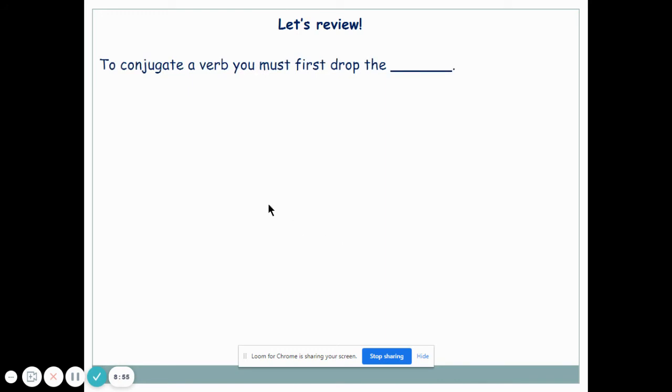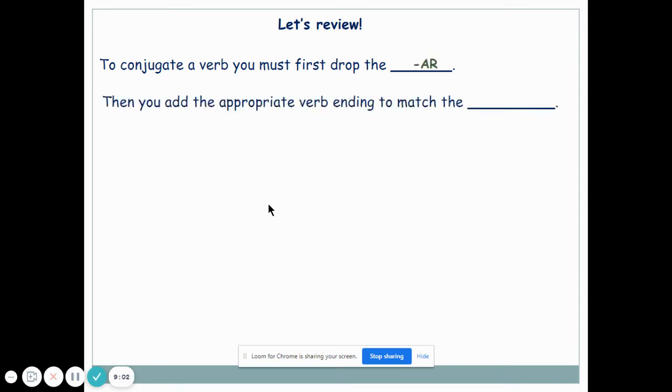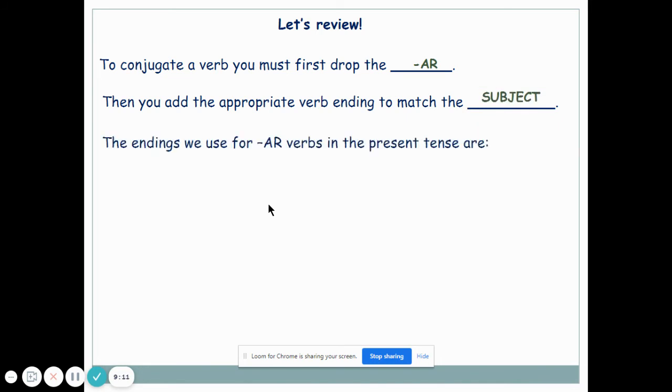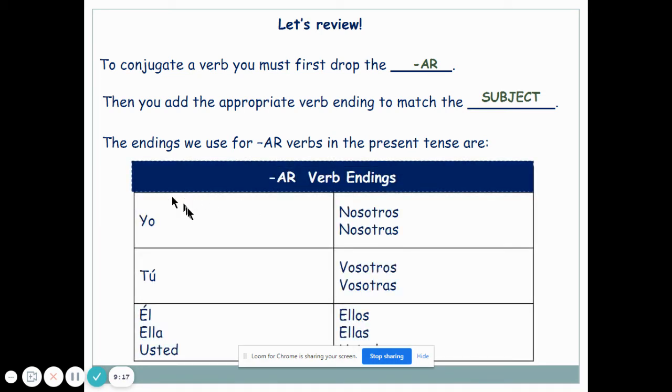To conjugate a verb, you must first drop the what ending? The AR, yes, in this case. Then you add the appropriate verb ending to match who's doing the action. It's called the subject. The endings we use for AR verbs in the present tense are: yo, it's O. You add the O to the verb after you drop the AR. Tú, as.